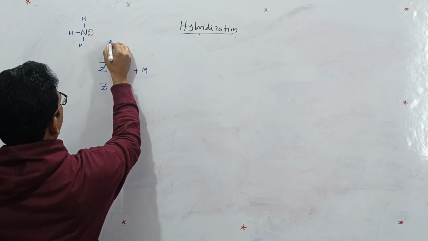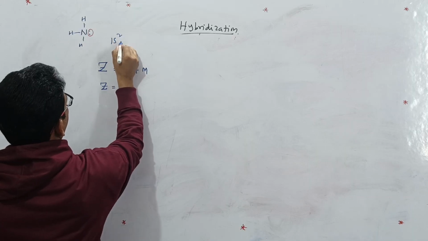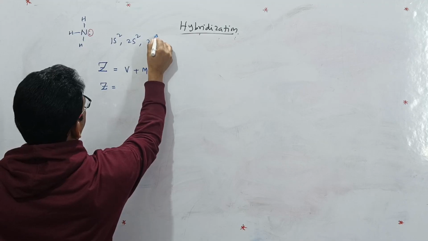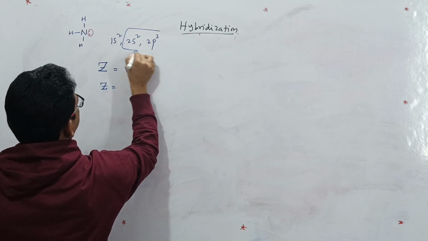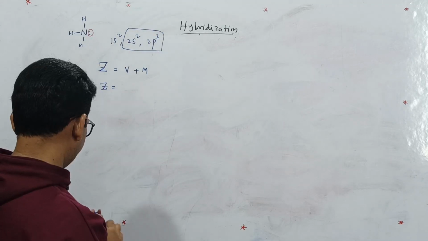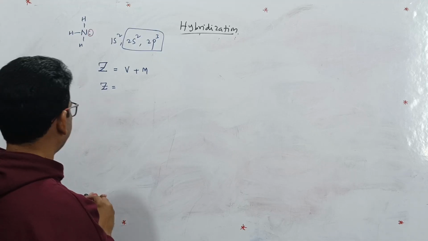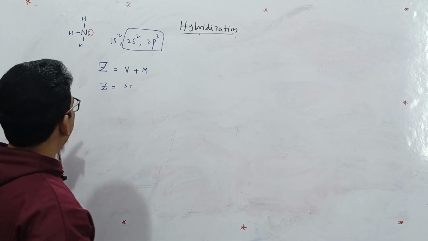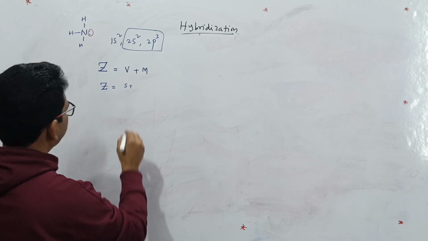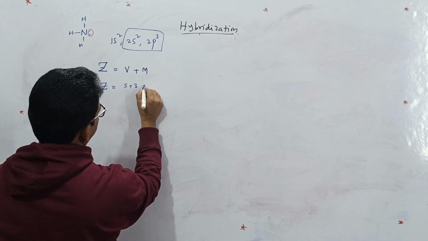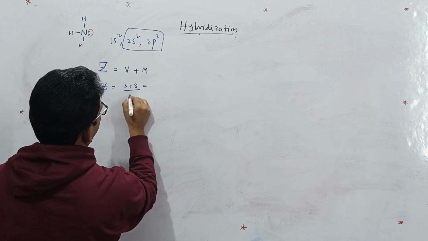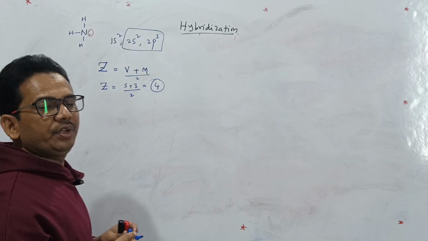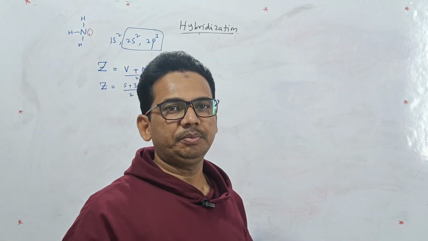We write the configuration 1s2, 2s2, 2p3. This is the outer shell, which has 5 electrons. The number of monovalent atoms is 3. 5 plus 3 is 8, divided by 2, gives 4, so 4 new equivalent orbitals are going to be produced.